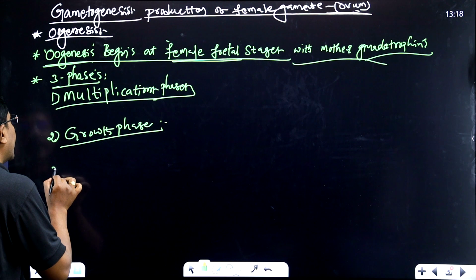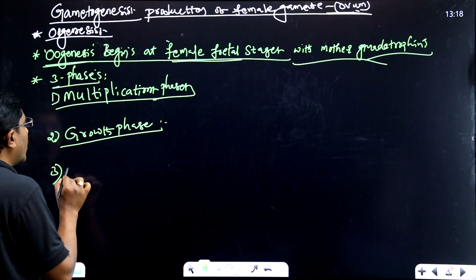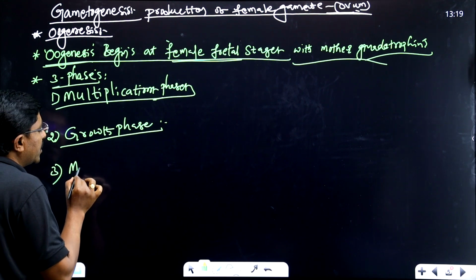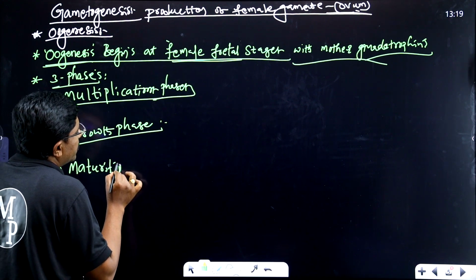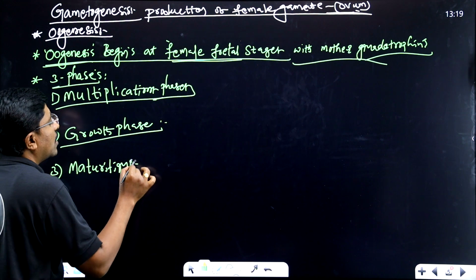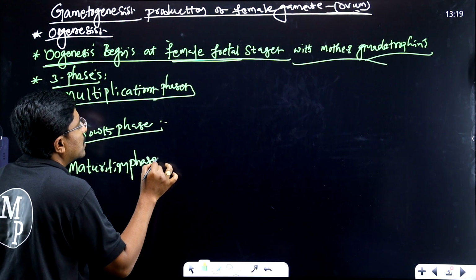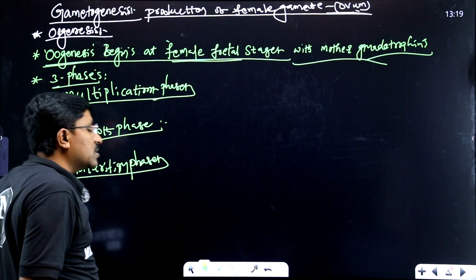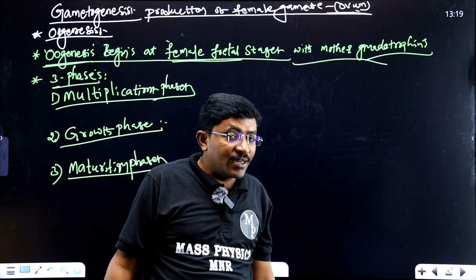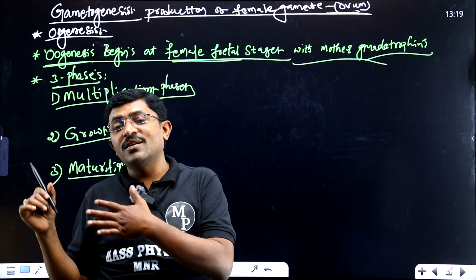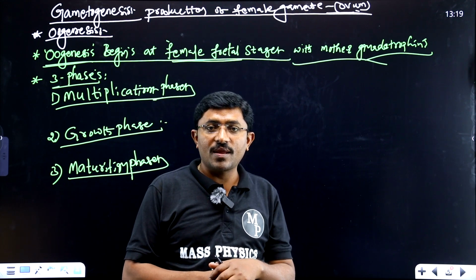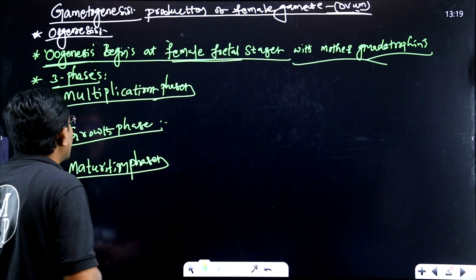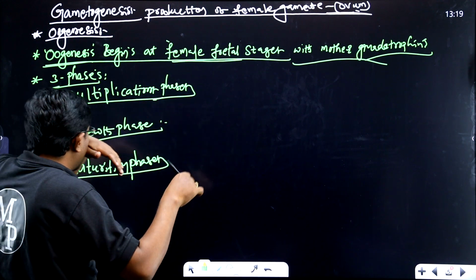Next third phase is the maturation phase. Okay, and there is no differentiation phase in oogenesis like spermatogenesis. So these 3 phases are there.